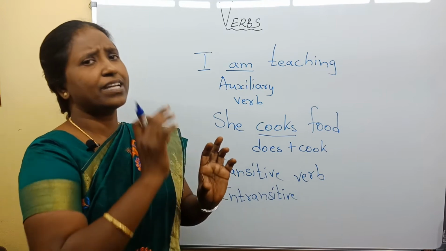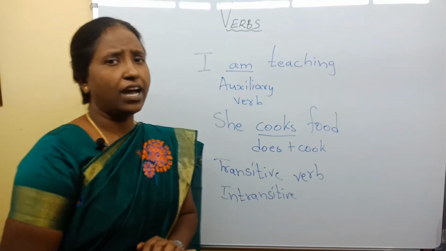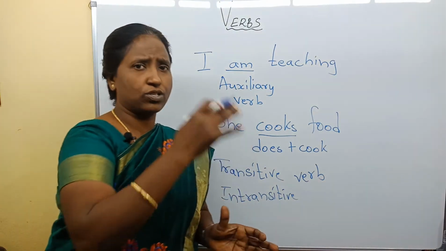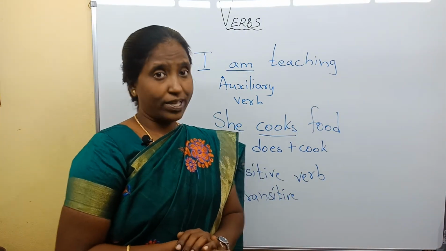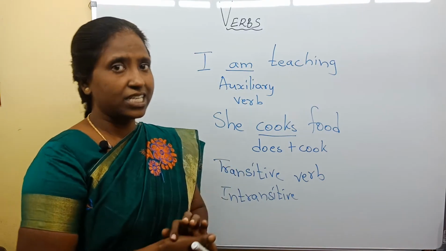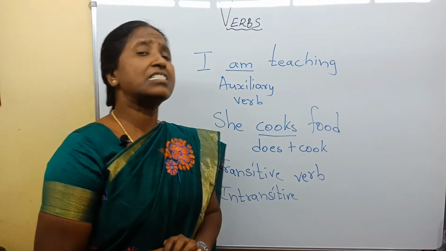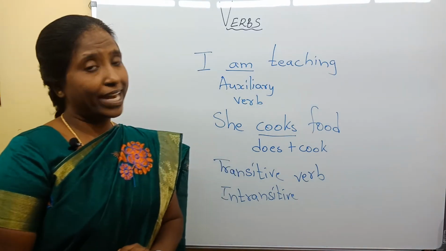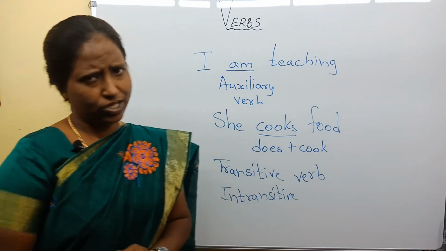The sleep doesn't have any effect on the object. Early doesn't matter much to the sleep, and the sleep is not affecting the early. Whereas I teach English, if I say only I teach, what do I teach? This remains a question. Whereas if I say I slept, there is no question at all.